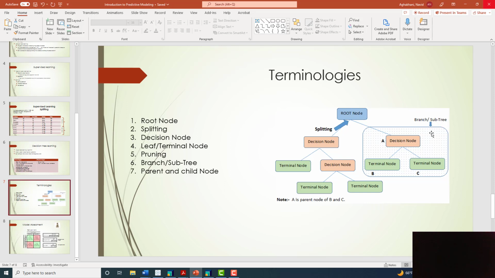And it's going to create a graph like this. We call the green nodes here the terminal nodes. That means they are our final decision nodes. And we call the pink color nodes decision nodes.